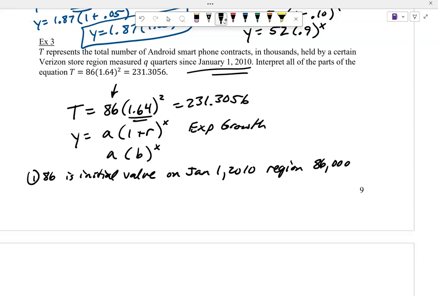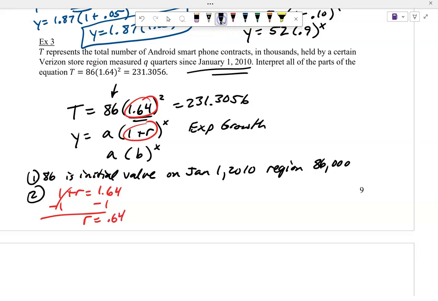And that held by a certain Verizon region, right? So number 2, what else? Well, let's look at the growth rate, that 1.64. Compare that to 1 plus r. So if 1 plus r equals 1.64 and I solve for r, it's 0.64.